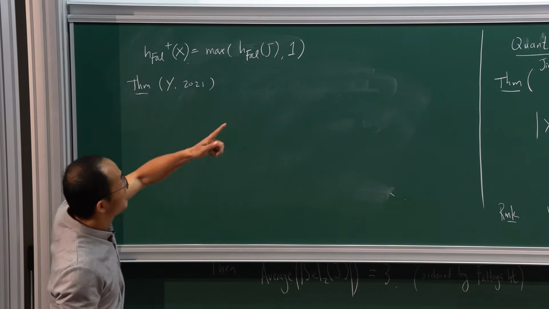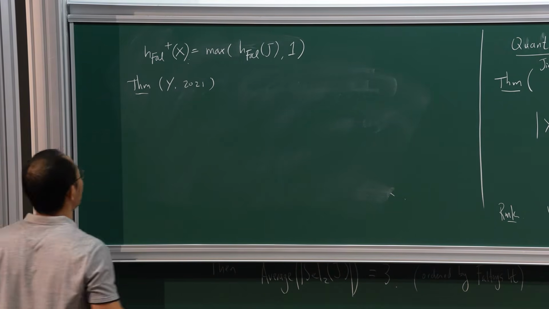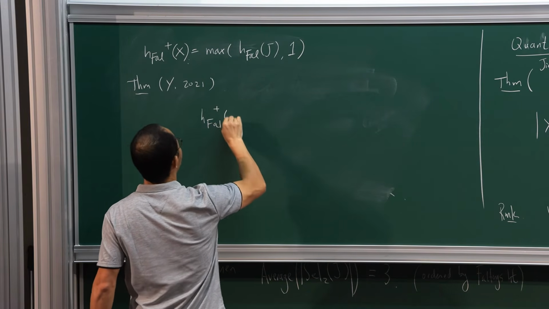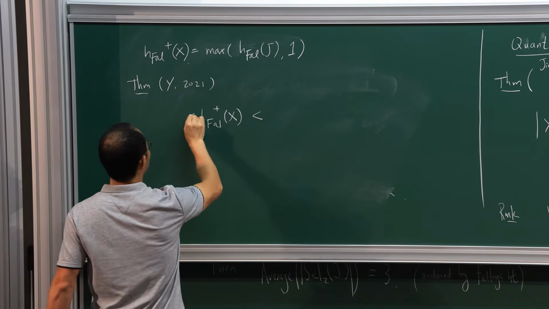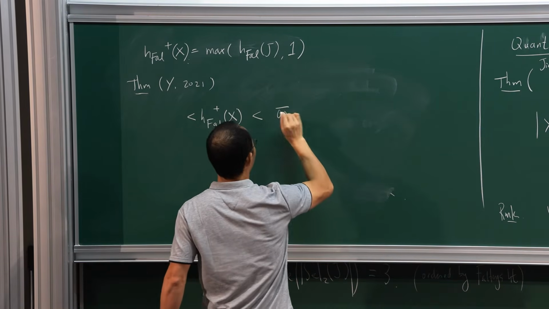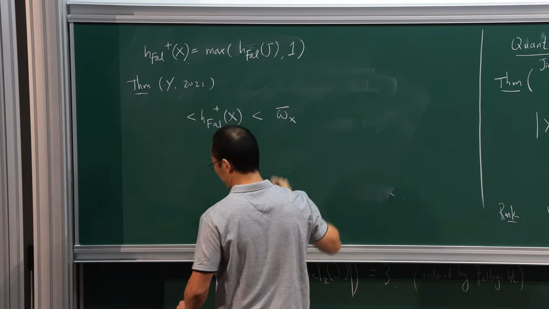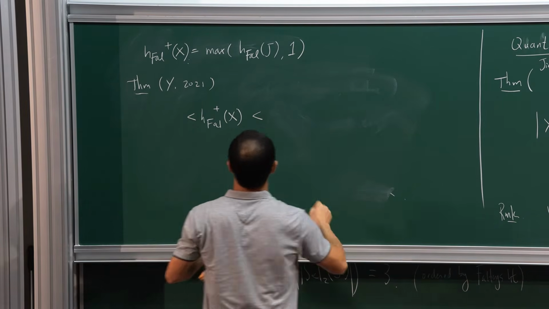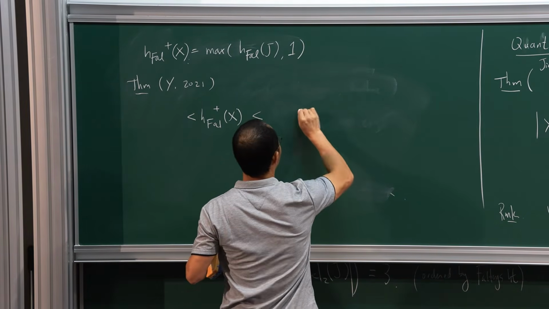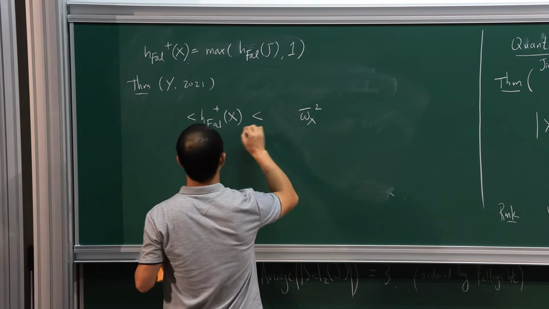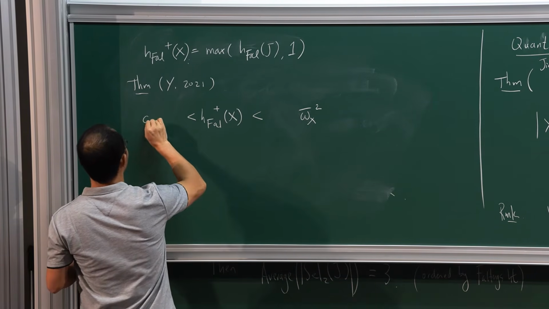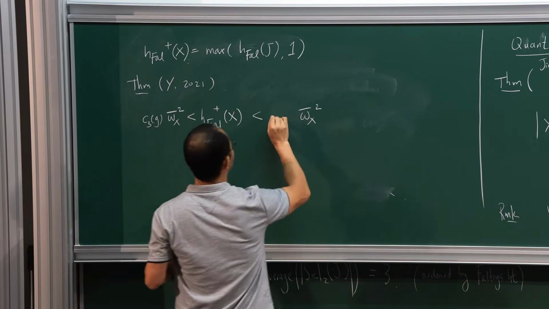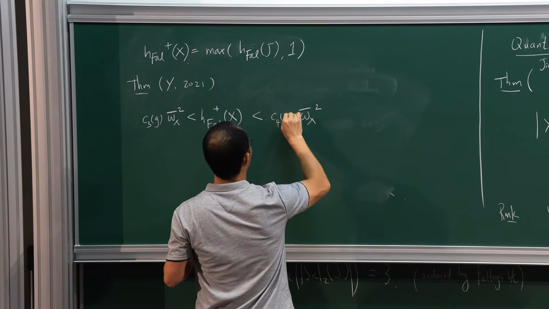So in the same paper for this uniform Bogomolov, it says this Faltings height and this omega square bound each other, with constants C3, C4.